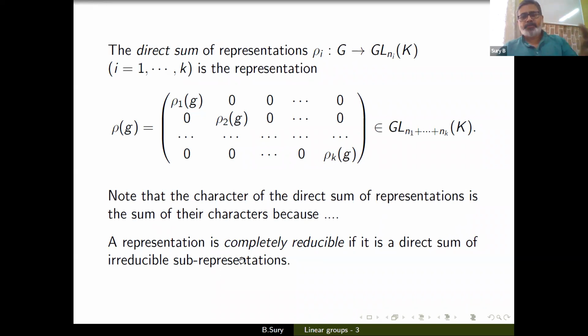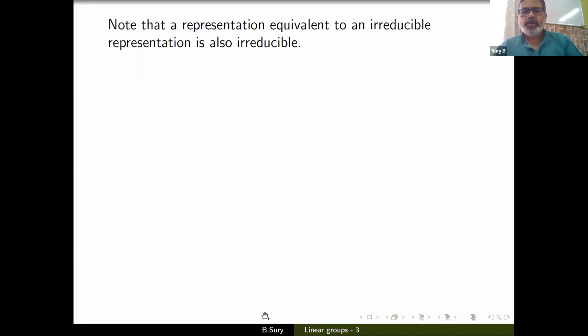It's like breaking it up into primes: irreducible is an analog of prime numbers, and completely reducible is writing it as a product of prime numbers. These are just definitions. Of course, a representation equivalent to an irreducible representation is also irreducible. If it had a proper invariant subspace, its image would be invariant, and proper because it's an isomorphism.